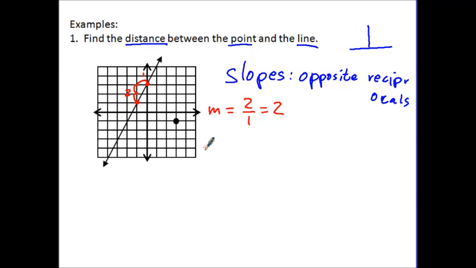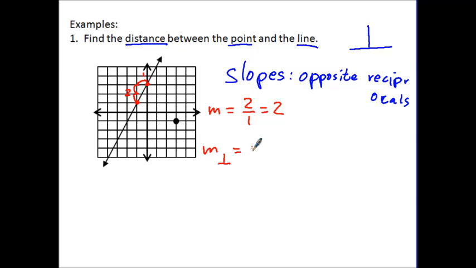So what would be the slope of a perpendicular line, of any perpendicular line to this line we have? It would be the opposite reciprocal. We have to do 2 things. First, we make the positive a negative. That's what opposite means. And then we flip the fraction because we need the reciprocal.